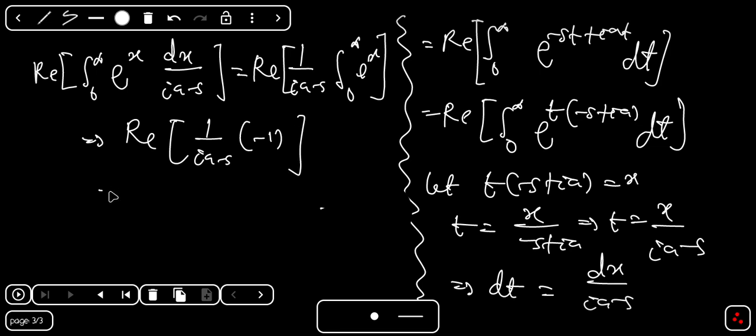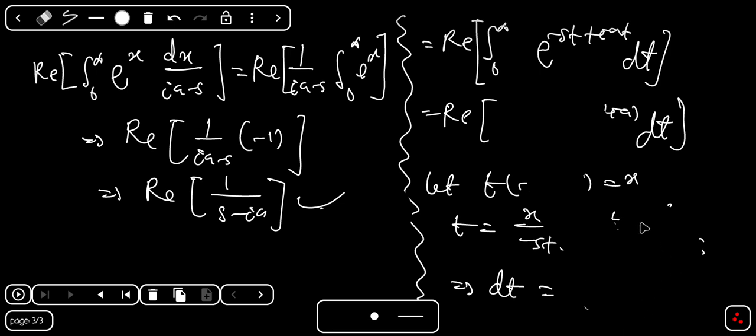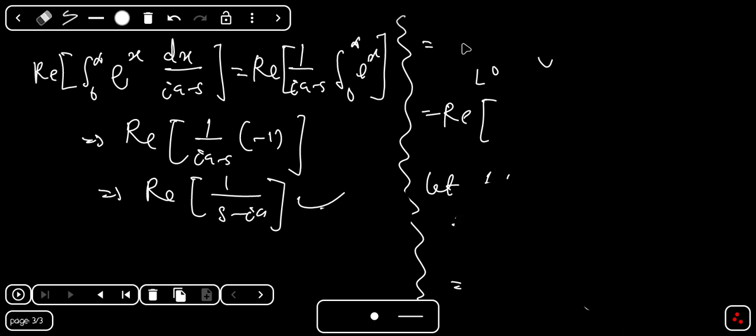And so that will be the real part of 1 over s minus ia. So that's what we're going to have. So our new task is to find the real part of 1 over s minus ia. Okay, so that was beautiful. So let's clean this part. So cleaning this part, you can also try and find the real part of 1 over s minus ia.